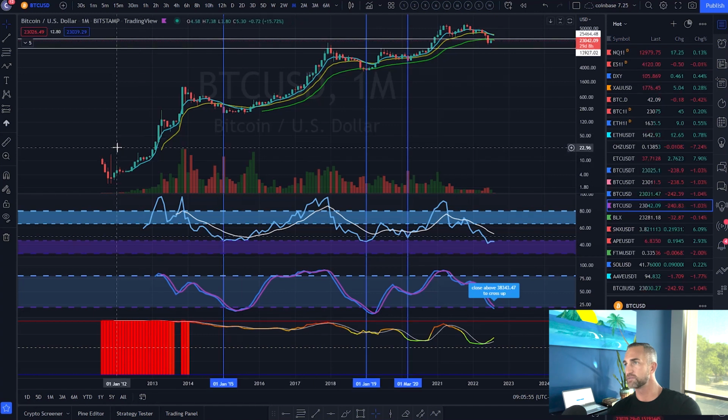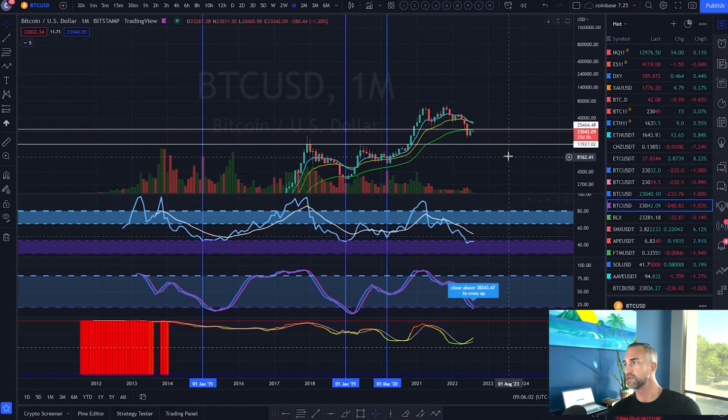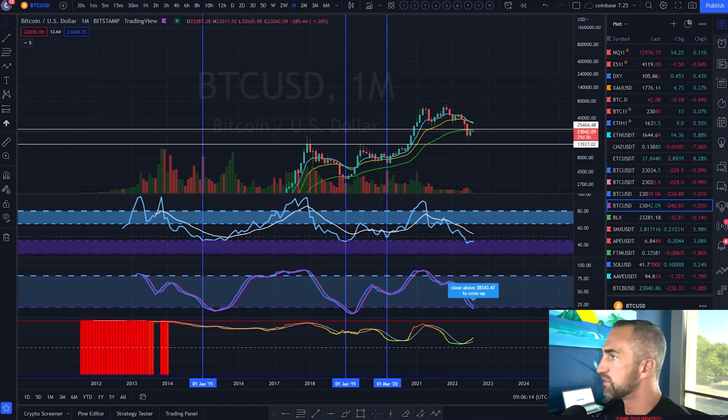This one has price action going all the way back to this Bitstamp. These are probably the two more accurate ones here. But volatility is still increasing, and momentum will remain to the downside as long as we are closing below 38,343.